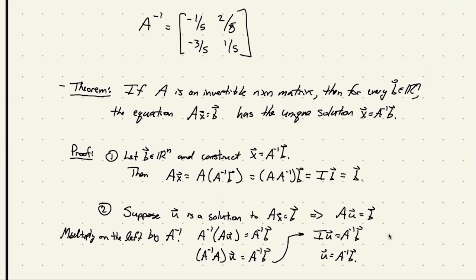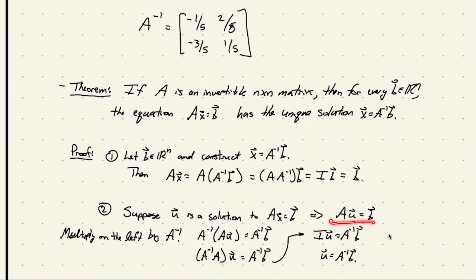So I'm multiplying both sides of the equation by an A inverse on the left, right? So I'm multiplying this equation by the matrix A inverse on both sides. That's to maintain equality.